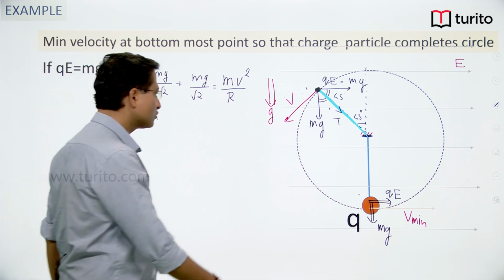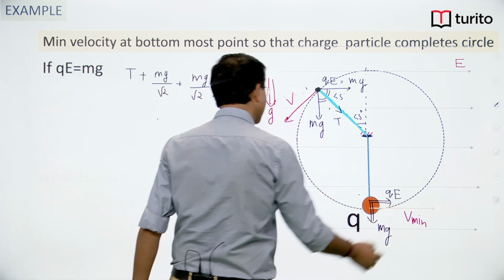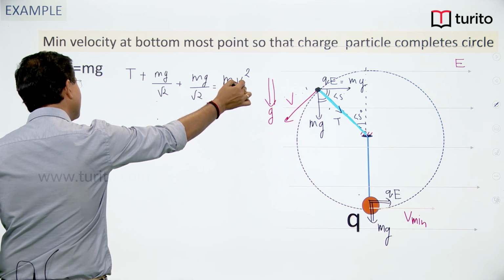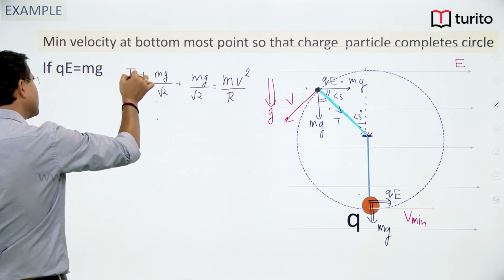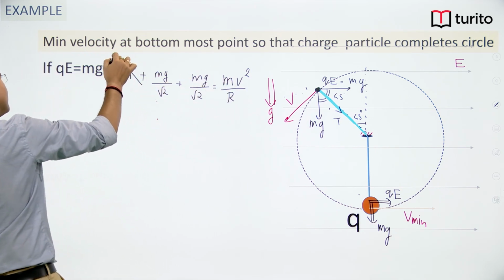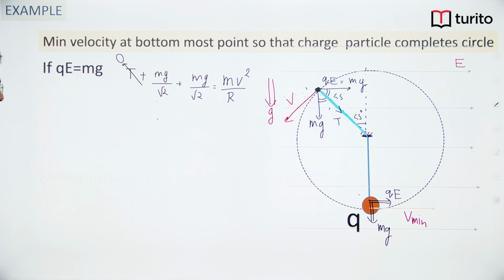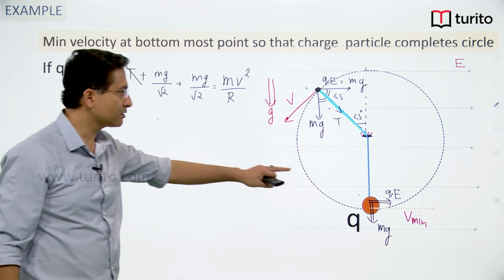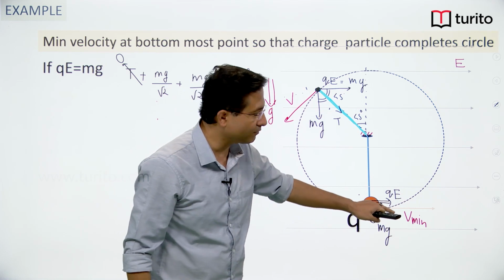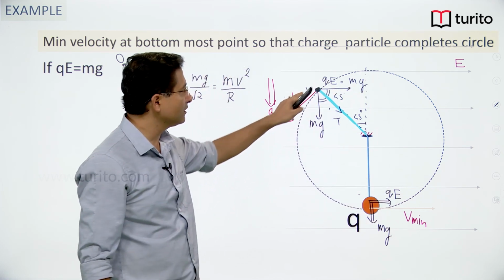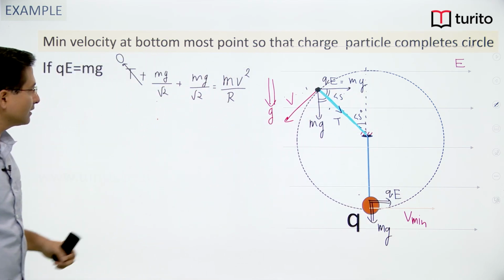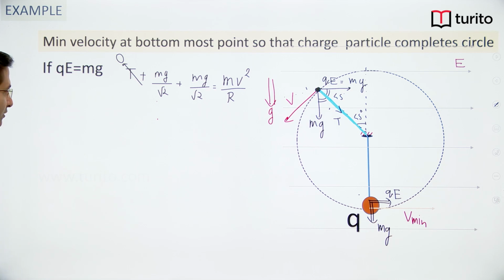Now we want this to be minimum. For this to be minimum, these two are constant, so this value, the tension, has to be 0, the critical condition, right. As I want this minimum, if we are projecting with minimum velocity, then here also it will reach the minimum velocity. For that the condition is tension to be 0. This is the first equation.